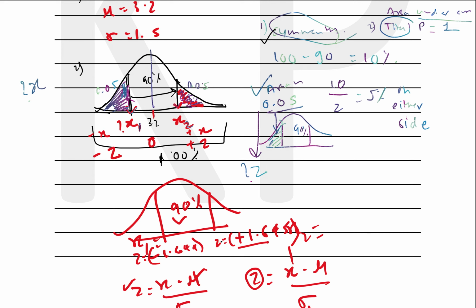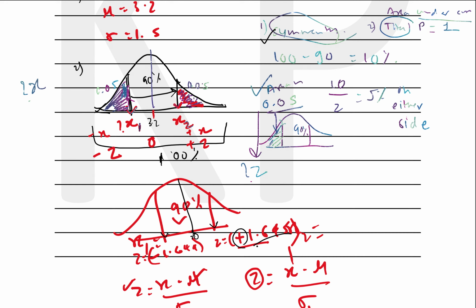So that z-score is going to be exactly the same in magnitude, but it's just going to be positive because it's on the right hand side of the mean z-score being 0, right? And we know that all the z-scores on the right side of the mean being 0 are going to be positive numbers, everything on the left is negative. So you can simply find that as positive 1.645.